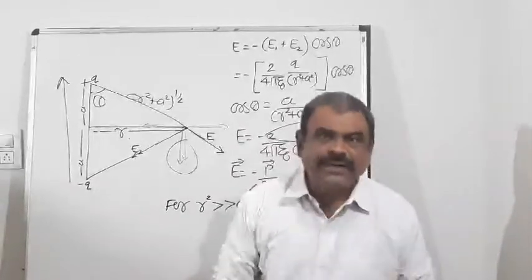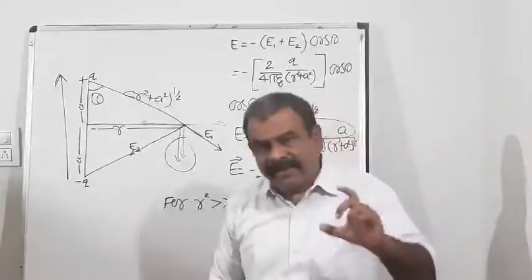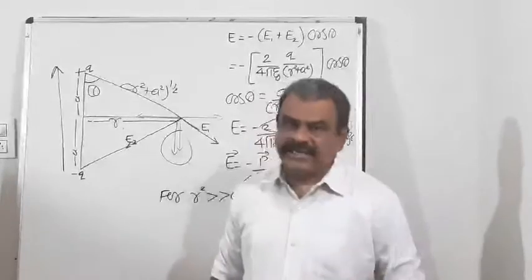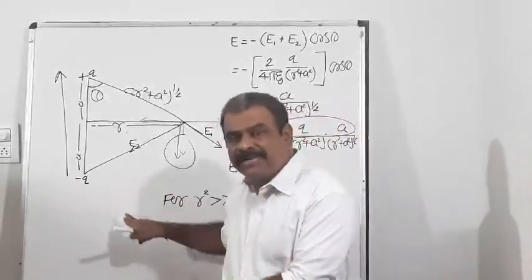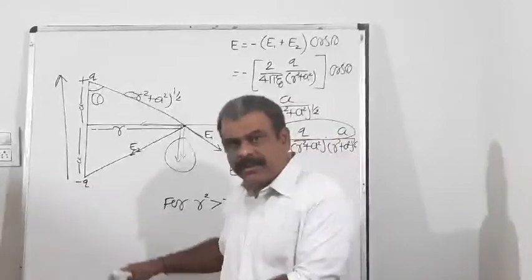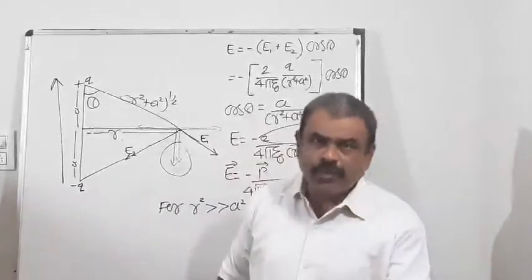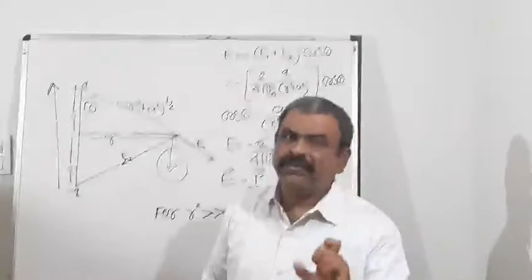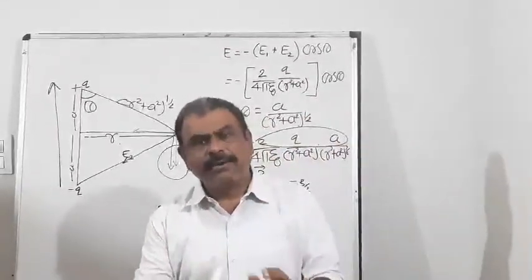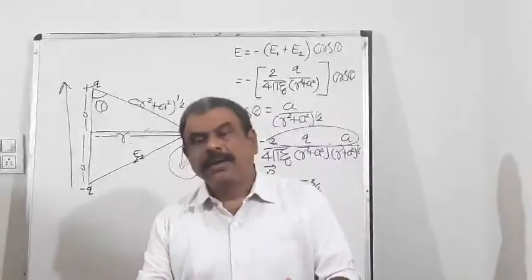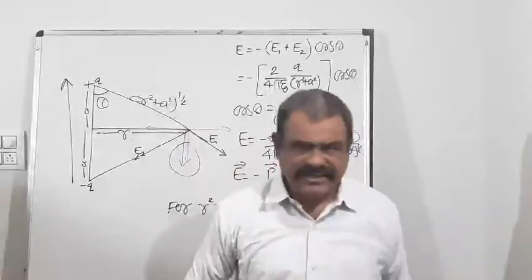At that point also there should be some field, but that I will discuss in the next lecture, and how you can have problems and MCQs from this. Problems and MCQs formed from this will continue in the next lecture. This was a purely NCERT-based lecture. I have not deviated at all. The application part we will discuss in the next lecture.